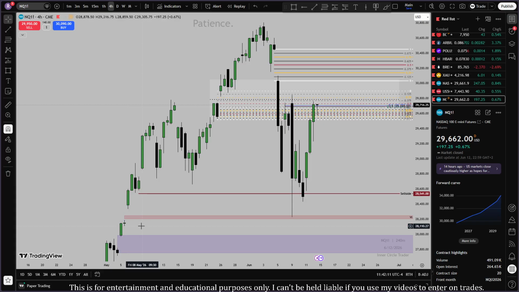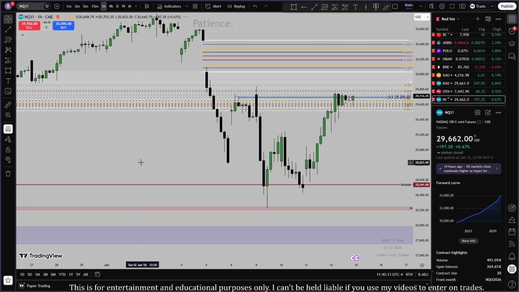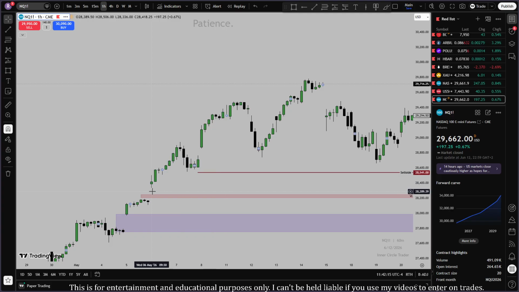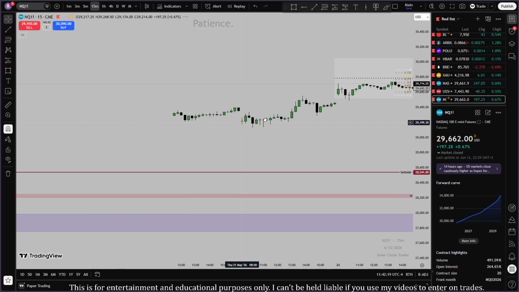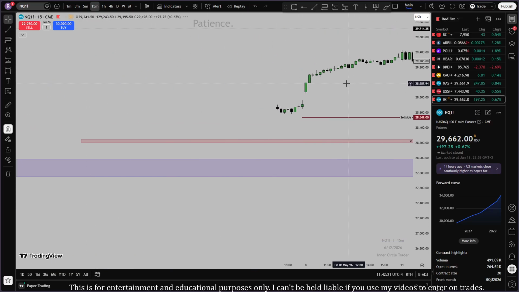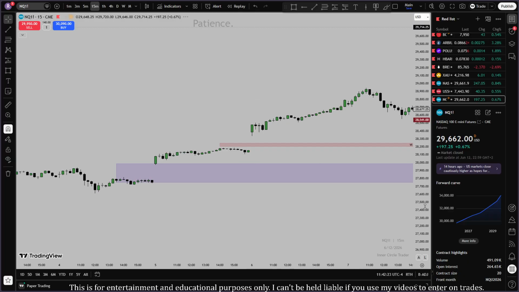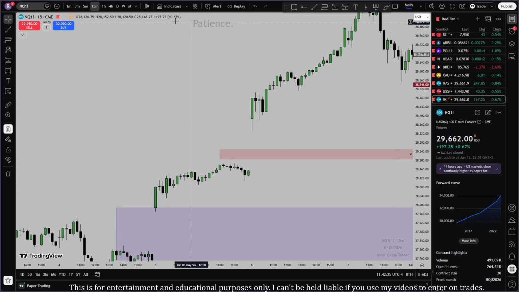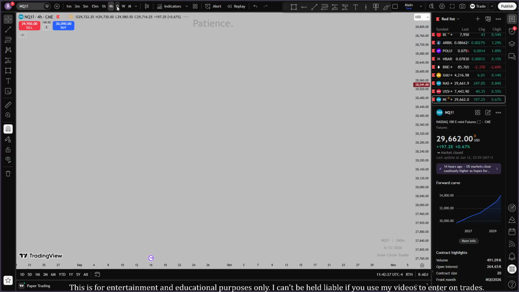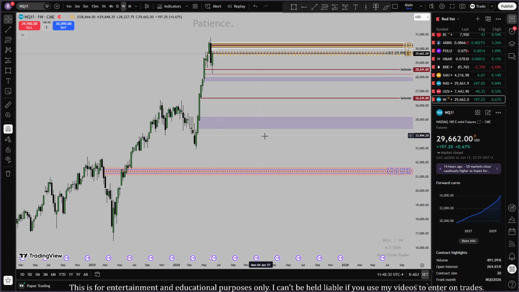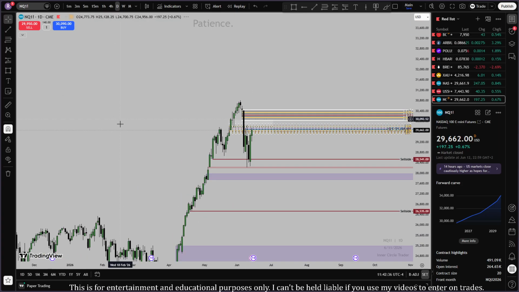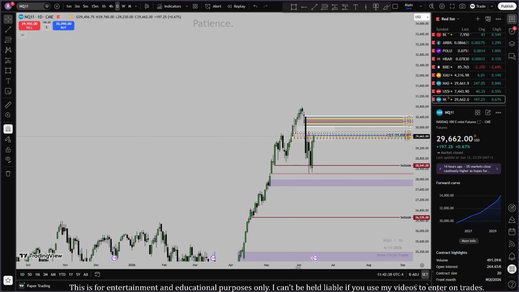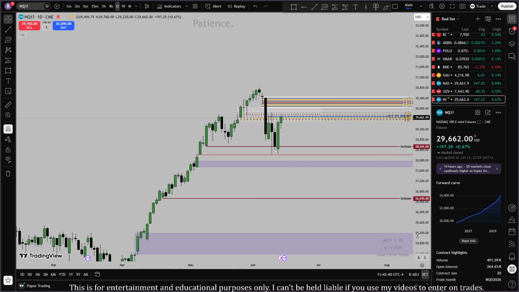So this volume imbalance, I don't know where that comes from. The volume imbalance, but there is a massive one. Let me just quickly investigate why that is there. Did they change the gap? So it's not there on the weekly, on the daily. Oh, okay. The daily volume imbalance.